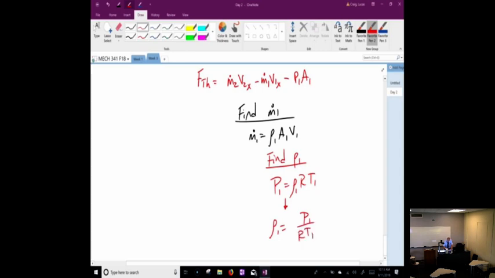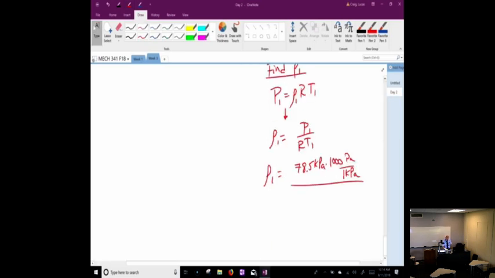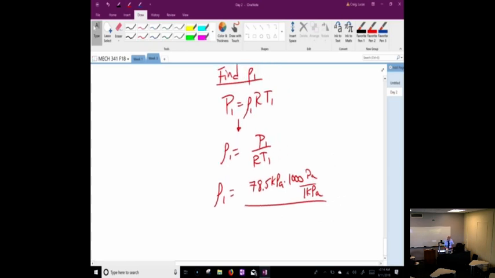So we can plug that in, right? 78.5 kilopascals times 1,000 pascals in 1 kilopascal, divided by, do you remember the gas constant value? 287?